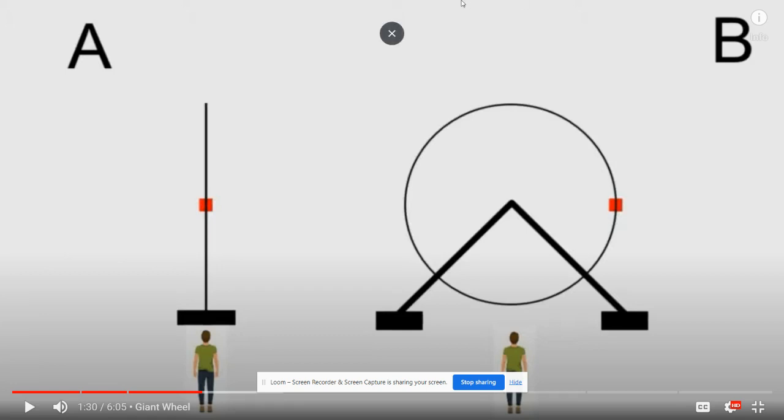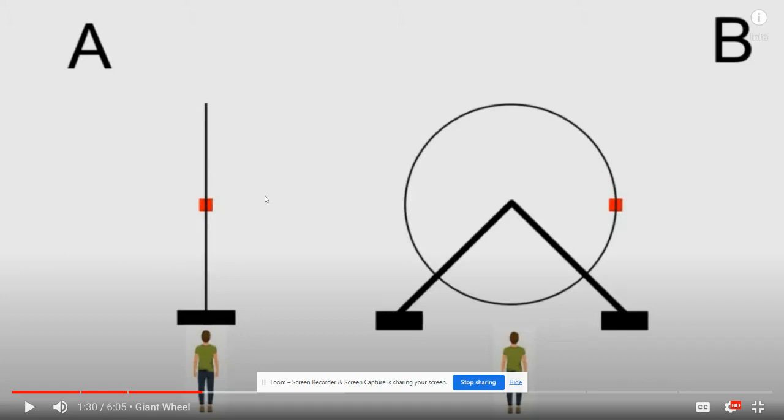The sine on your unit circle, what does the sine represent? The X or the Y? Y. And Y is the up and down, okay? So in this video, we're watching the person go around the Ferris wheel, but when we look at it this way, all we're seeing is the vertical.